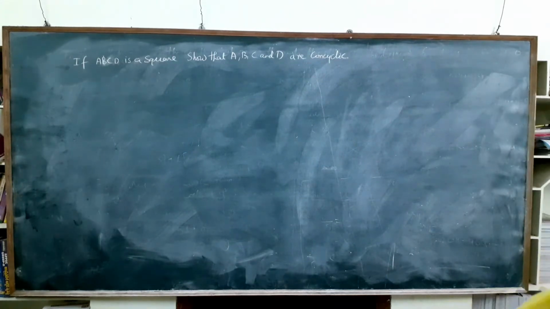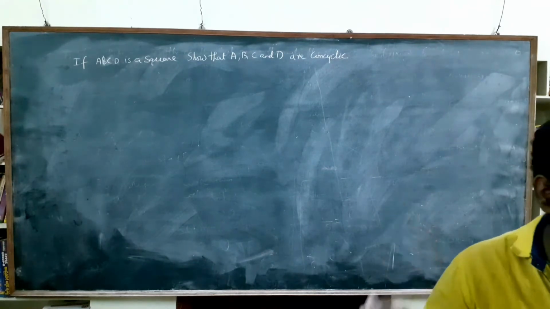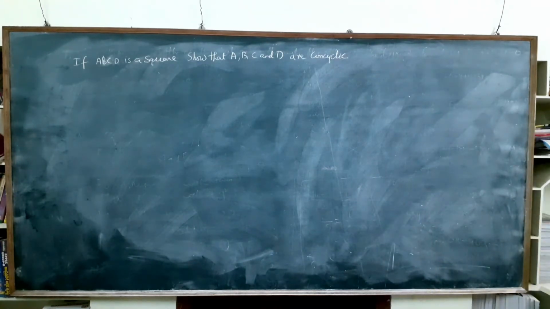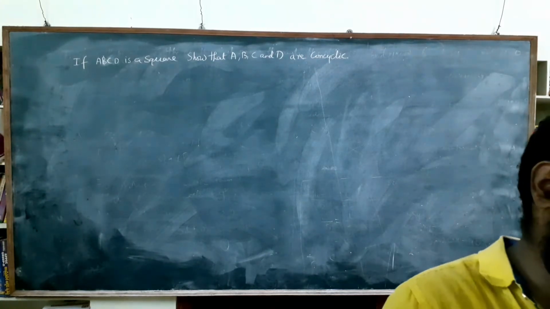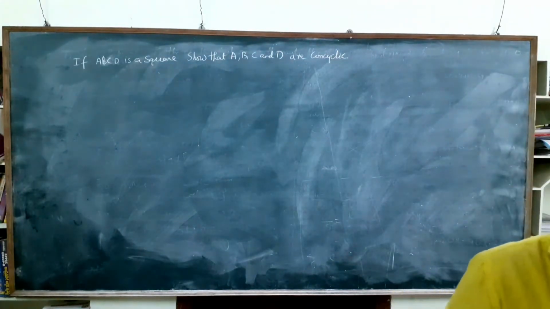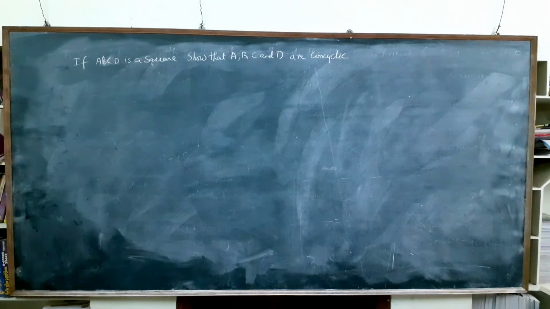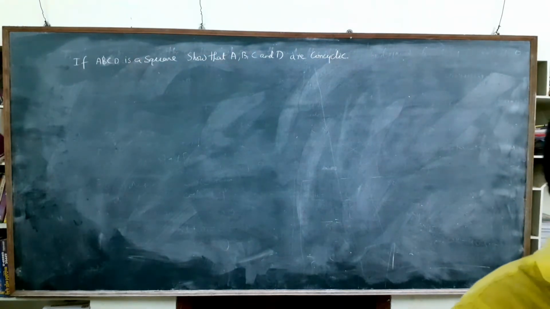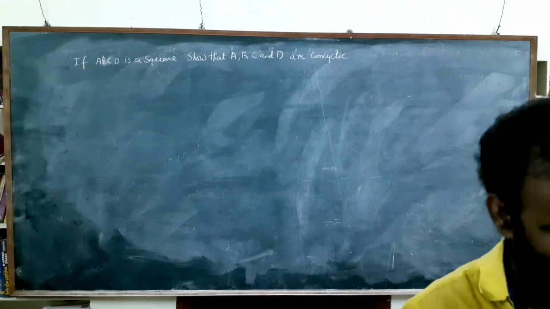So what are concyclic? The points. If ABCD is a square, then A, B, C and D are vertices of a square. So if A, B, C and D are the vertices of a square, then we prove that A, B, C, D are concyclic. That means these 4 vertices lies on same circle, like that.